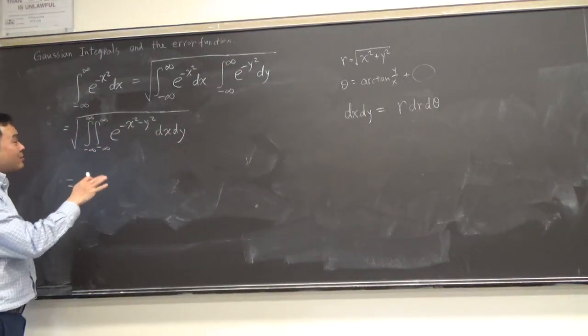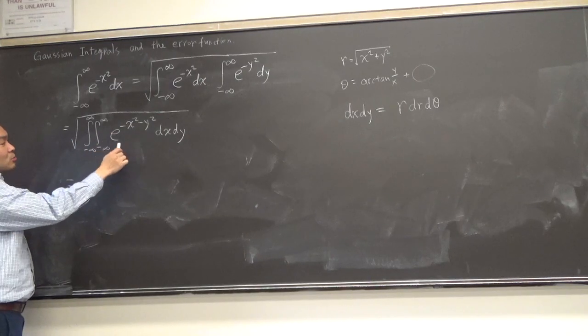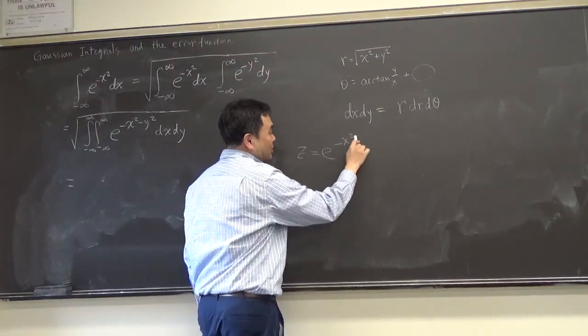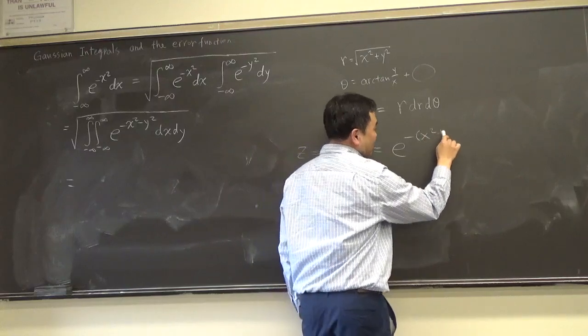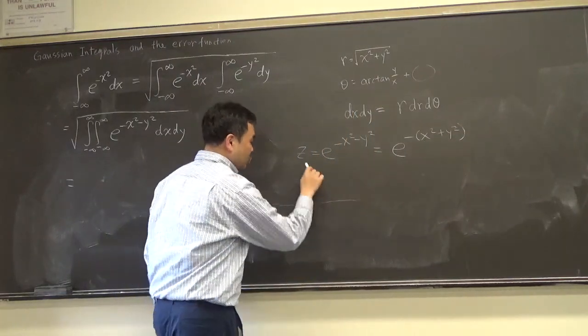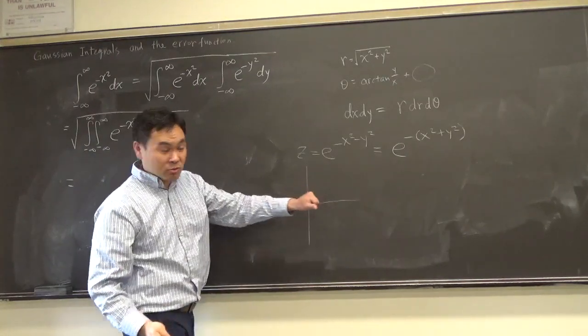Oh, but before that, let's try to imagine what this integration is like. If I say z is equal to e to the negative x squared minus y squared, well, that's like e to the negative (x squared plus y squared). So let's say the z coordinate is coming towards you, right?